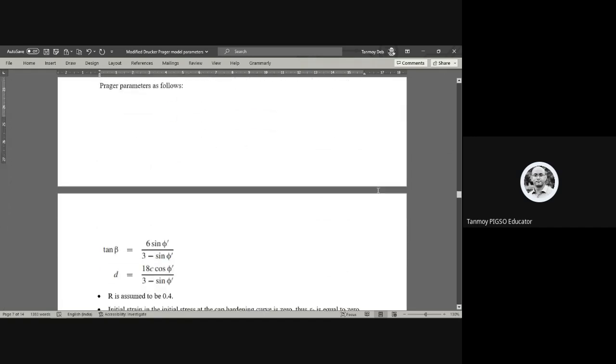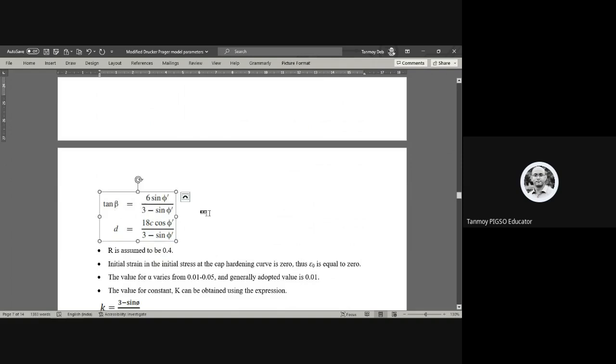Alternatively, there is a correlation between beta and phi. Phi is something that we get from Mohr-Coulomb theory. So tan beta is 6 sin phi dash by 3 minus sin phi dash. This is a correlation between the friction angle used in the Drucker-Prager model and the Mohr-Coulomb friction angle.